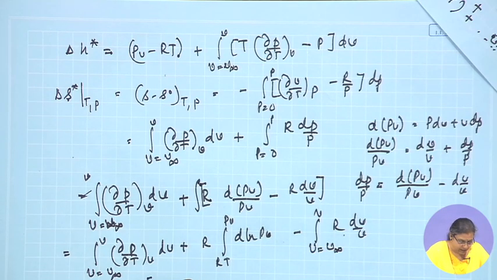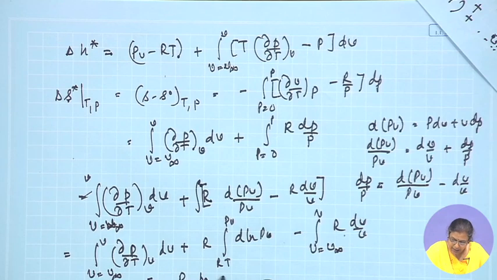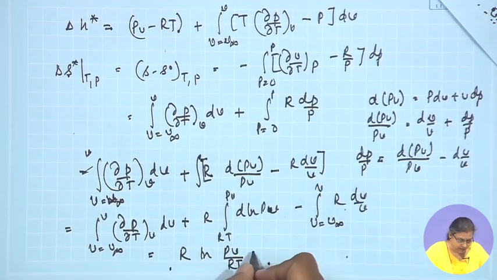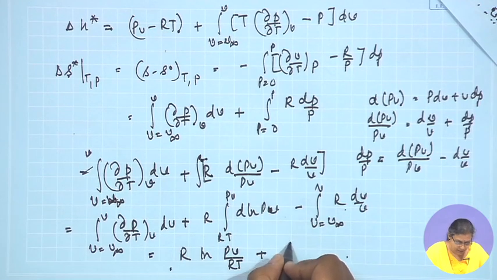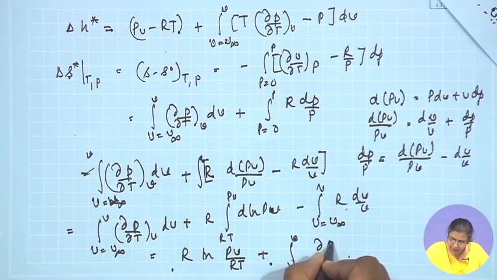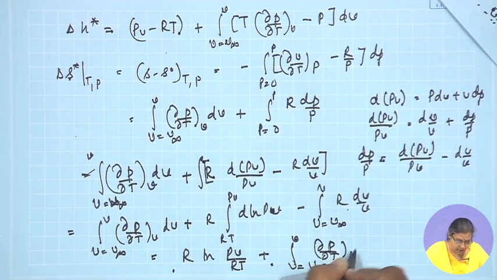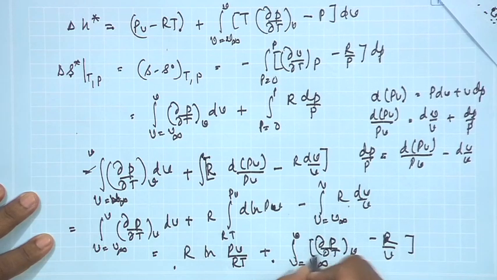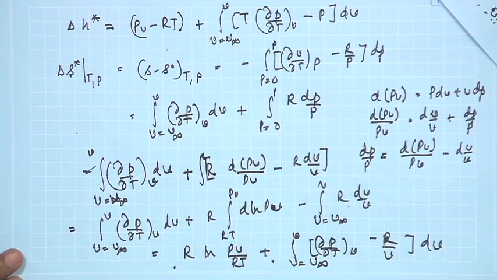This is basically R ln PV by RT plus integral V equals V infinity to V of (del P del T at constant V minus R by V) whole thing over dV.